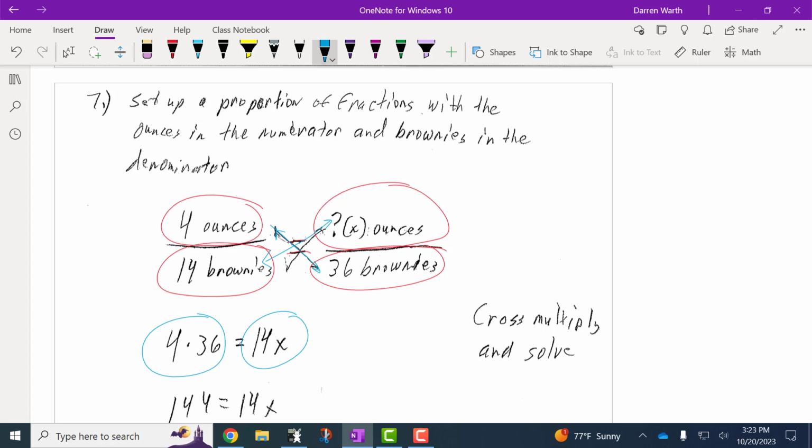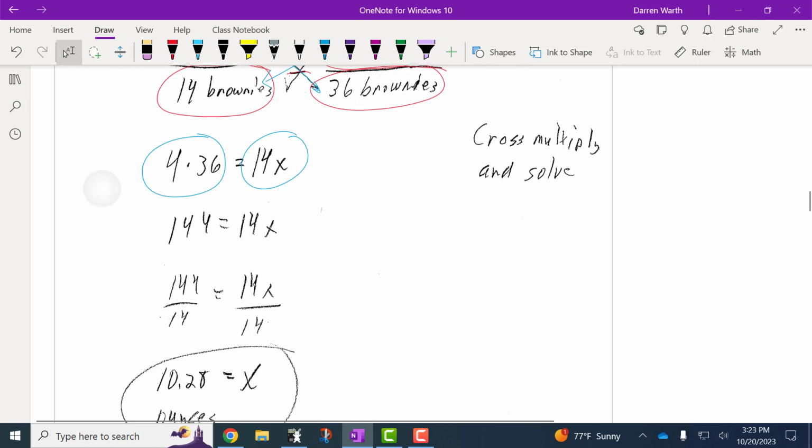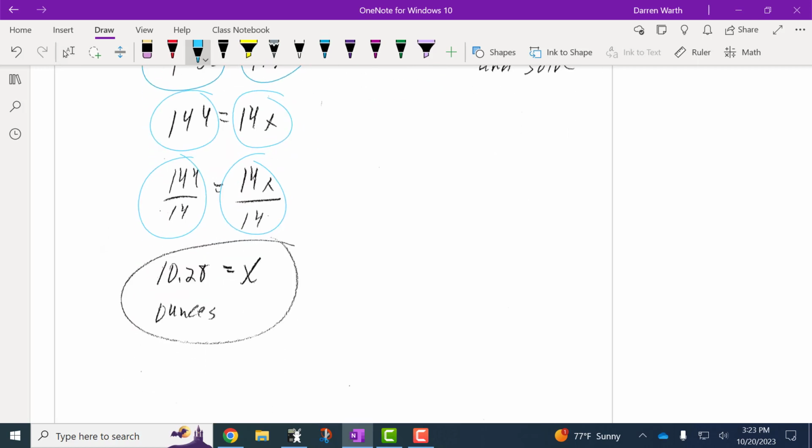So now we just have to solve this proportion. 4 times 36 is 144, which equals 14x. Divide both sides by 14, and that comes out to our answer of 10.28 ounces of unsweetened chocolate that you would need for 36 brownies.